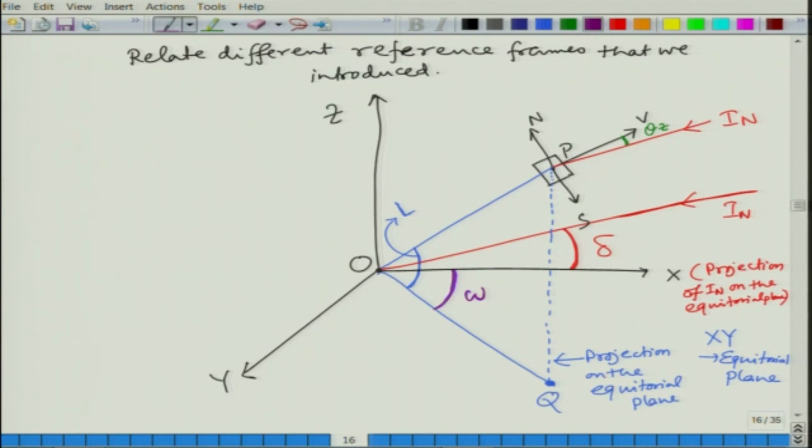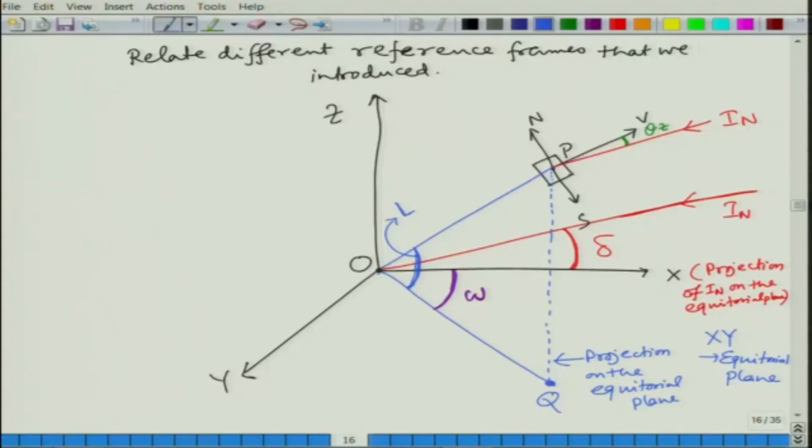The angle between them is the hour angle. We have also looked at the angle that the observer center of the earth connector OP makes with the equatorial plane, that is the latitude L.